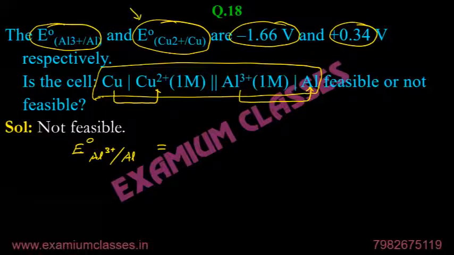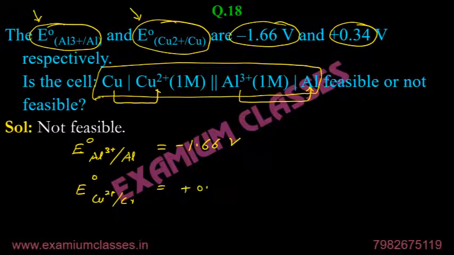The E naught are always reduction potentials. So it is minus 1.66 for aluminum and plus 0.34 for copper. Now, how the cell is written, if you understand that one, that will give you the answer.